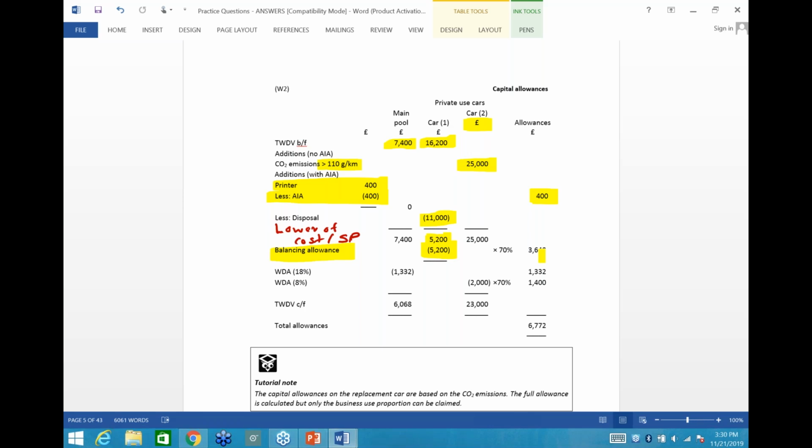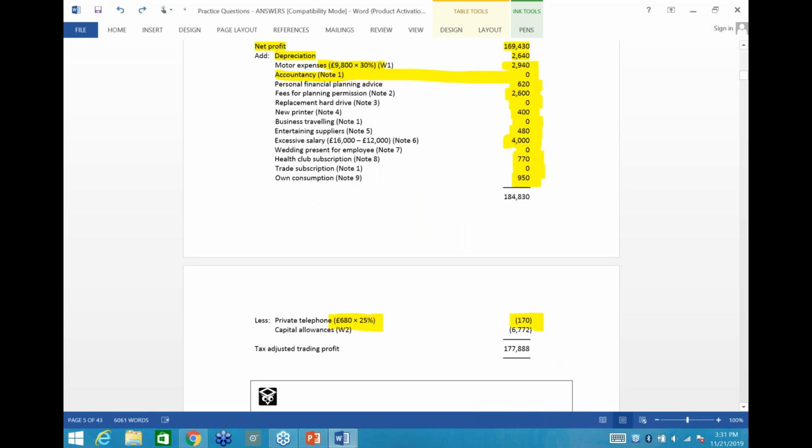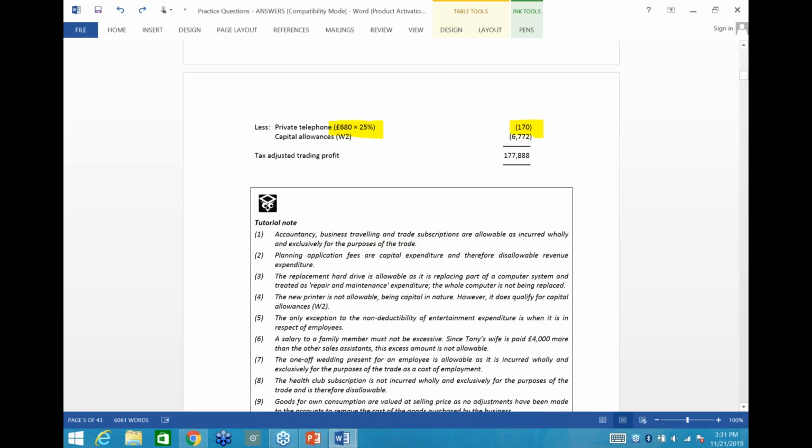Again, you have to be careful here because the private use percentage is not given, but we have previously calculated this figure under business mileage. Can you remember we did a computation? This car was used by Tony for his private purposes.